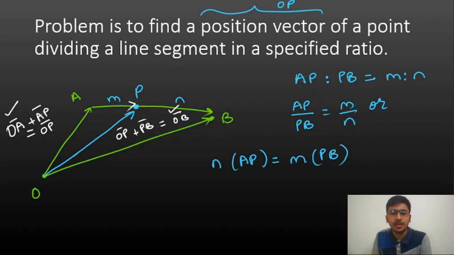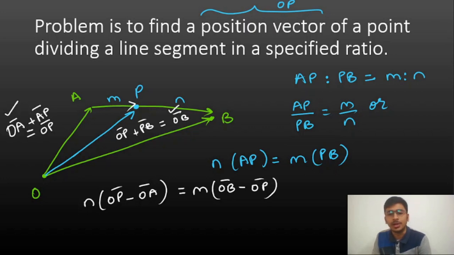So AP is nothing but, I'll write it down here, N times AP. AP is nothing but OP minus OA vector. Okay, is equal to M times PB. So what is PB? PB can be written as OB vector minus OP vector.